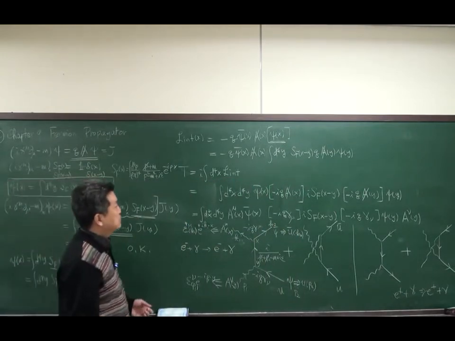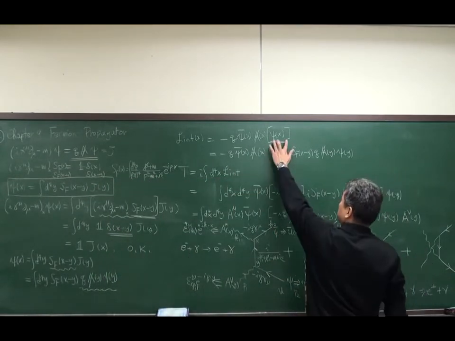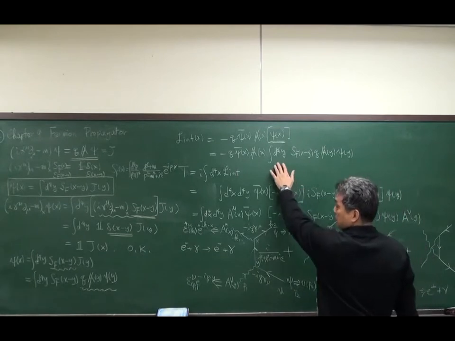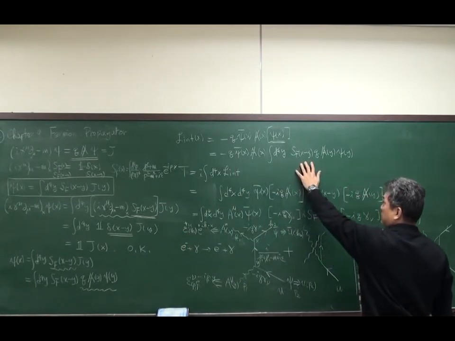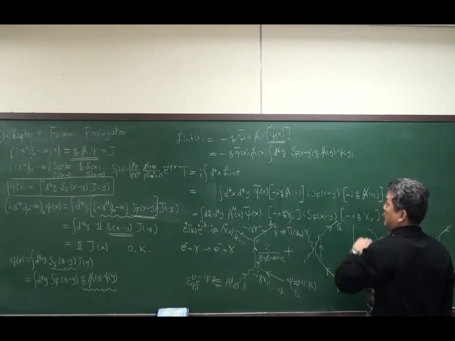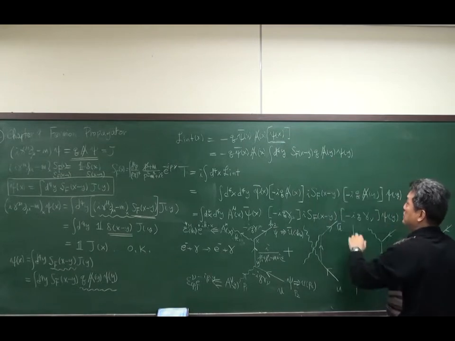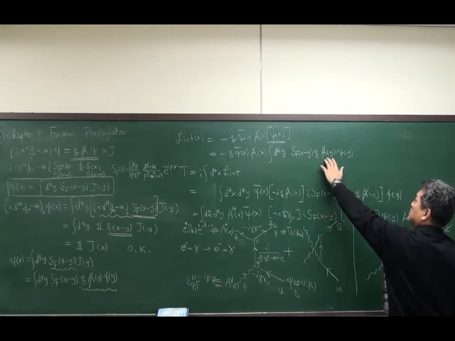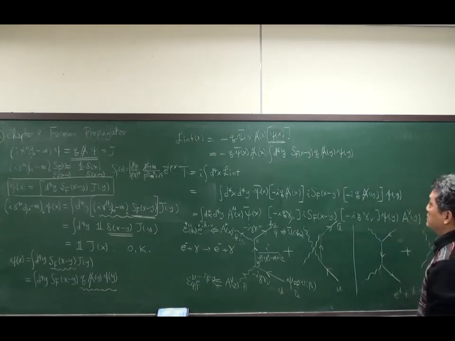If I substitute psi of x, not psi bar, in here, it is the integral over y, Fermion propagator from y to x, and the gauge field with gamma matrix multiplied at point y, multiplied by psi of y.